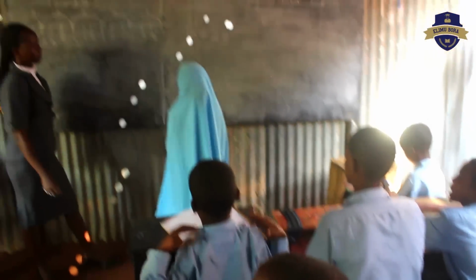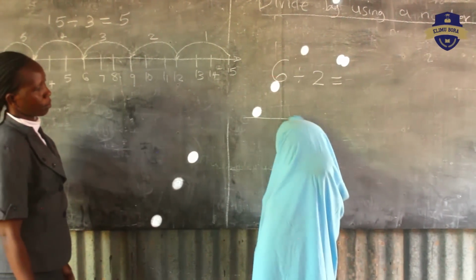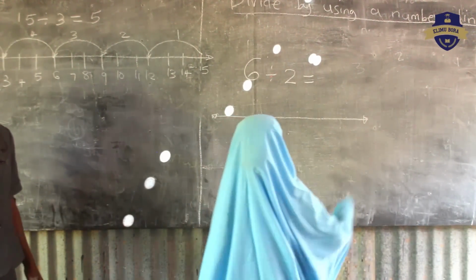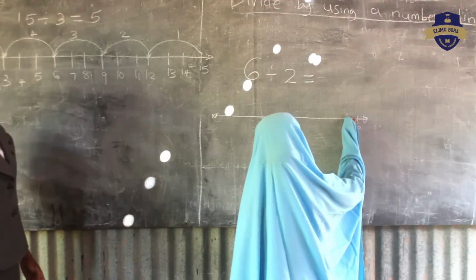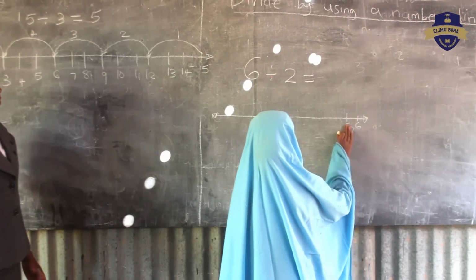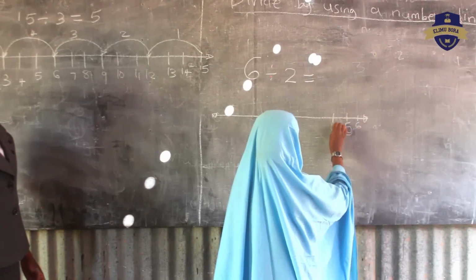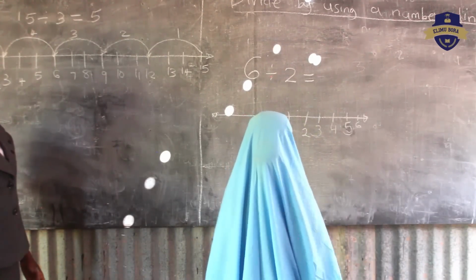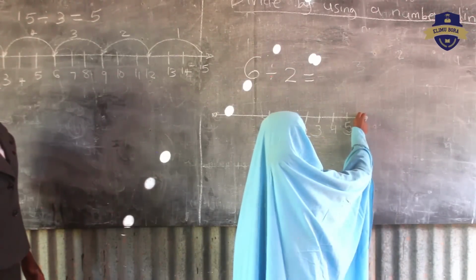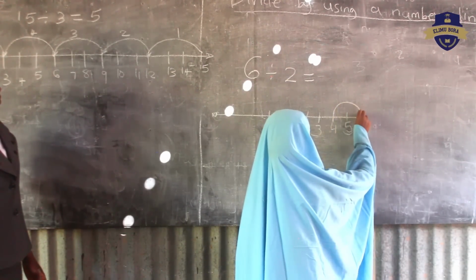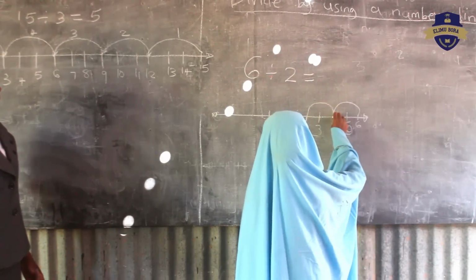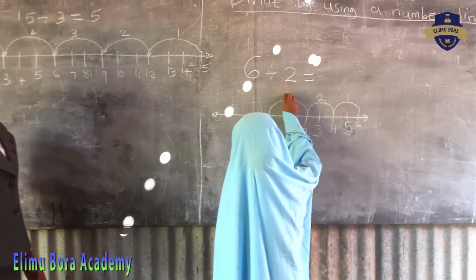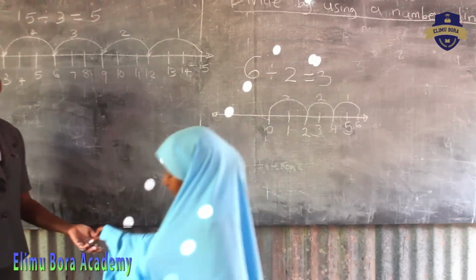You draw a number line. The answer is 3. Clap for her.